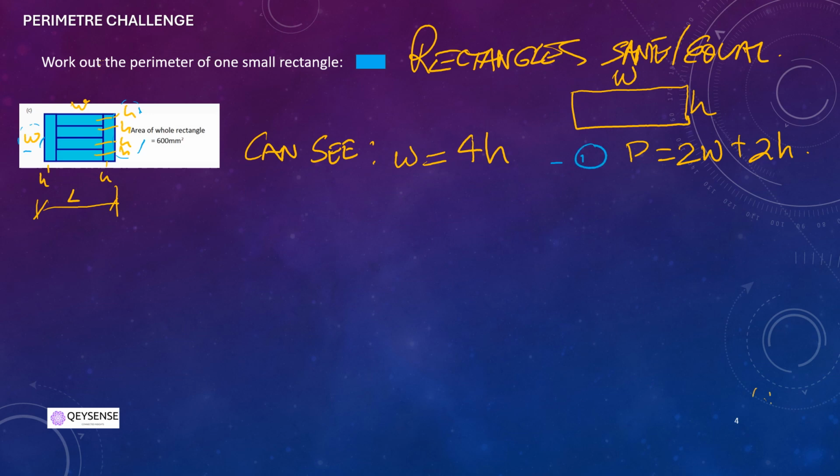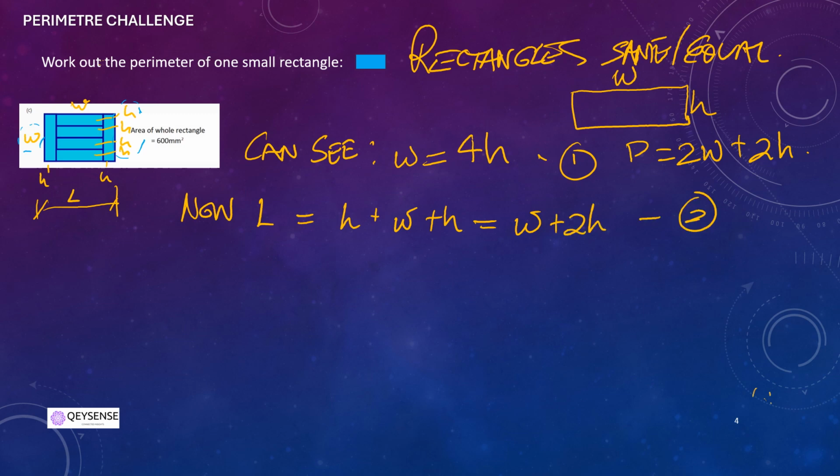Let me just change that again. Let's do that properly. Okay. And now the width, if we look at the length, is equal to H plus W plus H equals W plus 2H, which is equation 2, and that's simply this plus this length here.